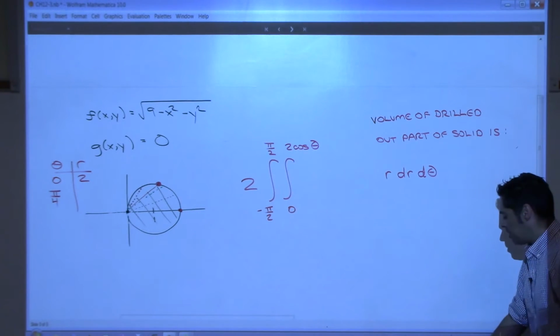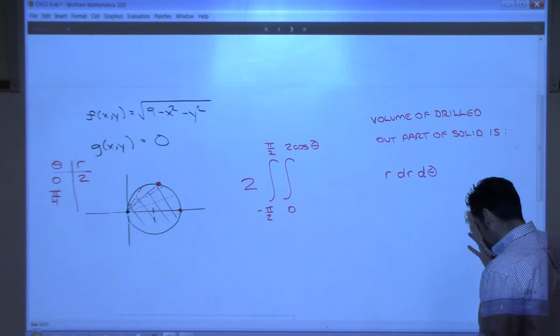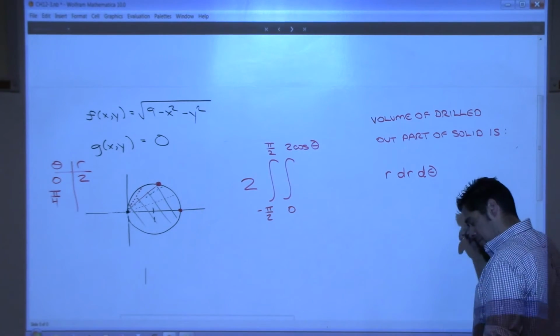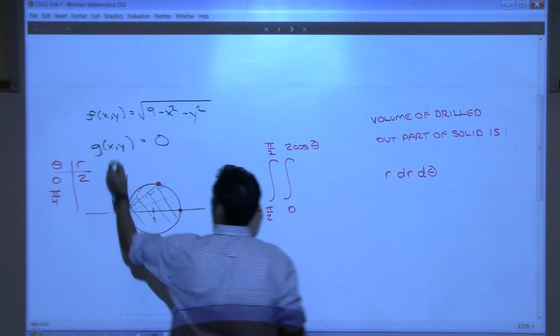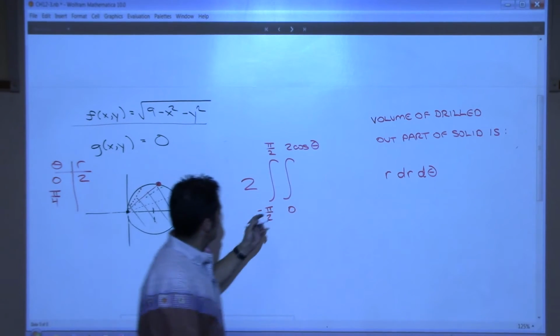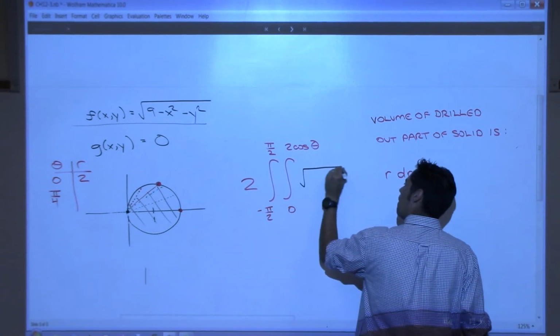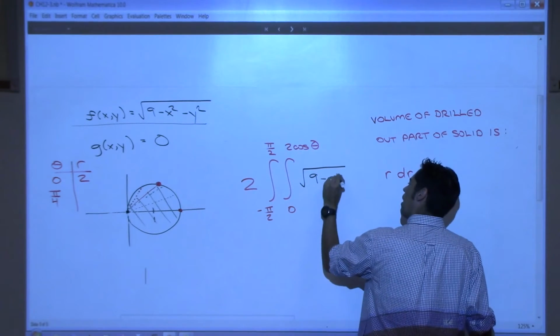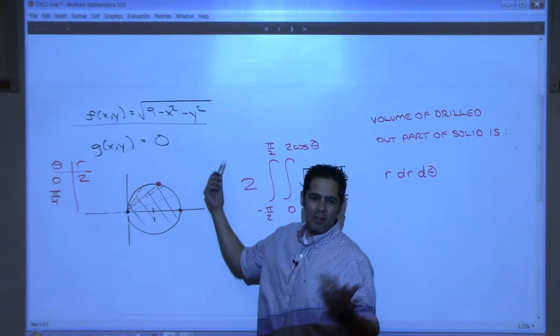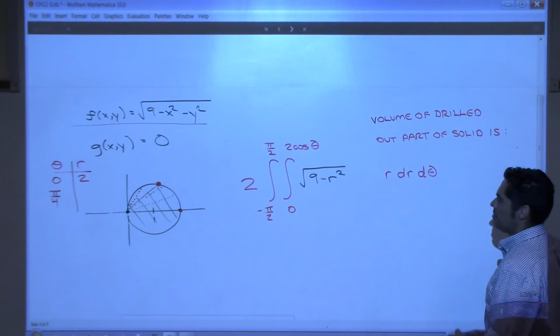And then it was just the f function minus the g function. Here's the f function. But to polar, what is that in polar? Root 9 minus r squared, right? Minus 0, so it doesn't matter. And that's it right there.